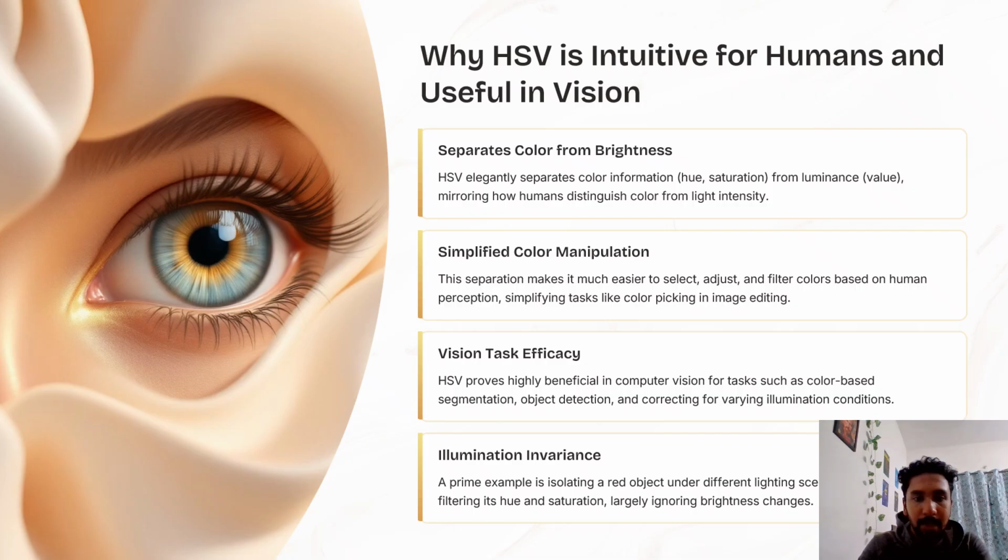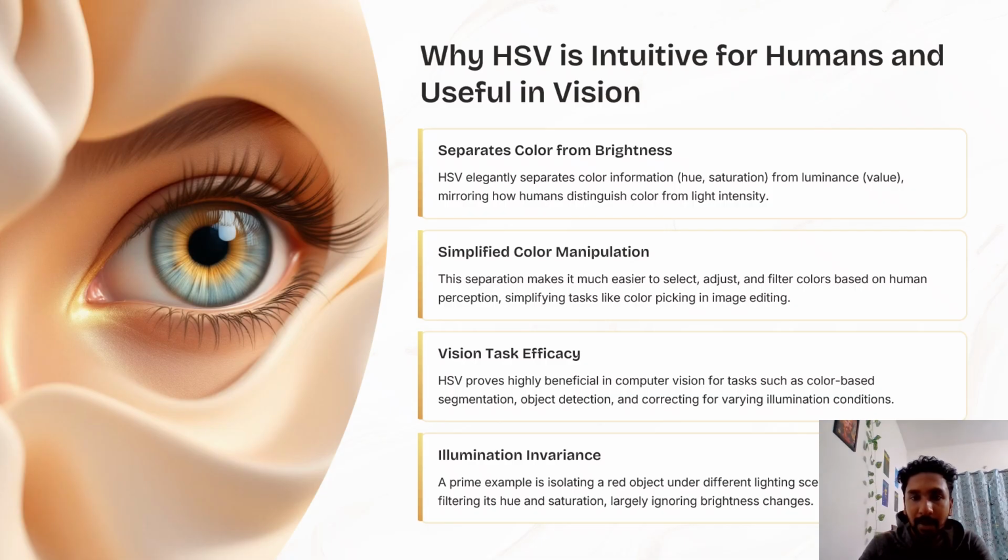One big advantage of HSV is that it separates color information from brightness. In real world images, lighting often changes. HSV handles this better than RGB. For example, even if a red object is under bright or dim light, its hue remains similar. That makes HSV very useful in segmentation and tracking tasks.